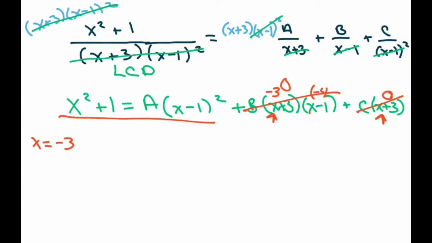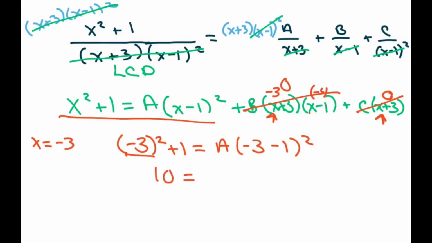So I'm just going to plug the negative 3 into this part to find my A. Everywhere there's an x, I'm going to put negative 3. So this is going to be 9 plus 1 is 10. And this is going to be negative 4 squared, which is 16. And divide both sides. If you reduce it, that would be 5/8.